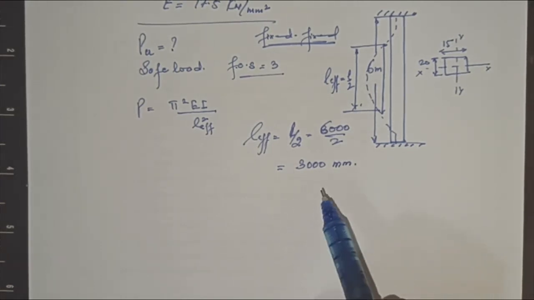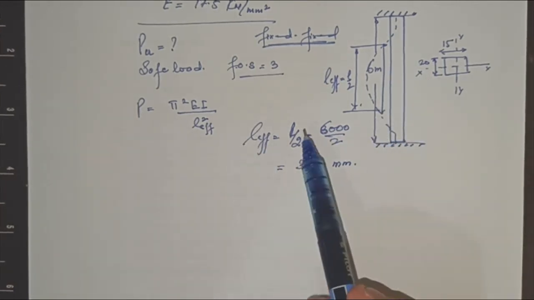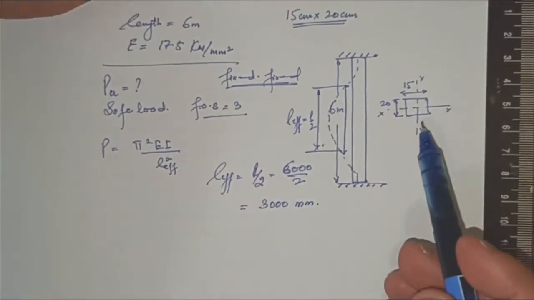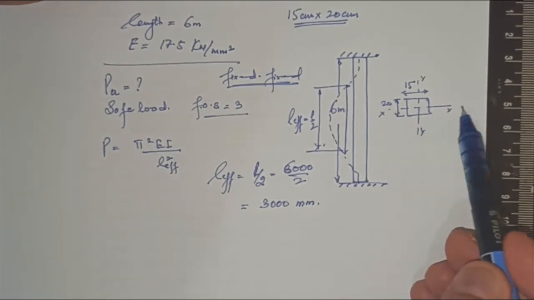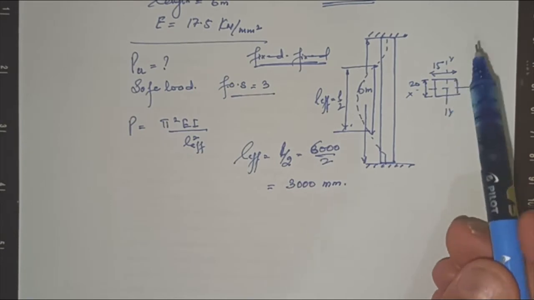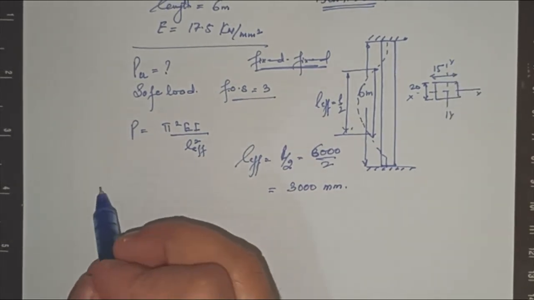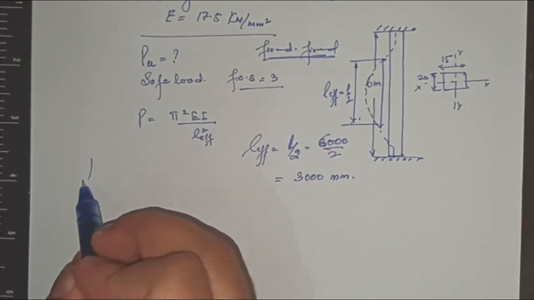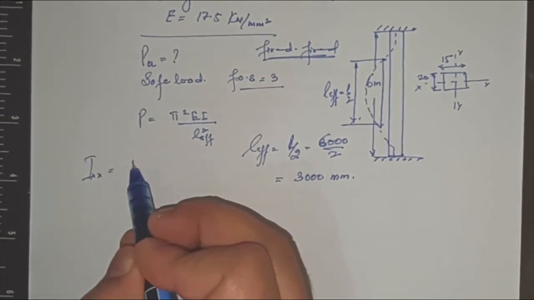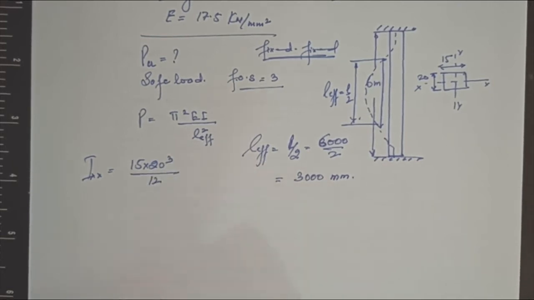Okay, this will be the length. Now we'll discuss what will be I. As you can see, this is a rectangular cross section. This is along XX and this is along YY. So with the expression of BD cube by 12, obtain IXX, and this is 15 cross 20 cube by 12.